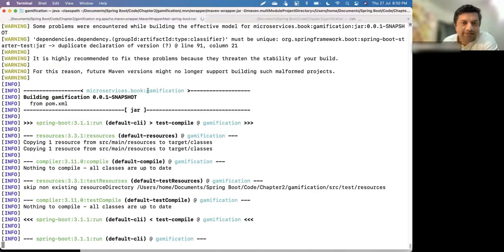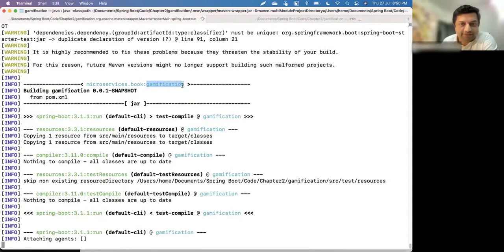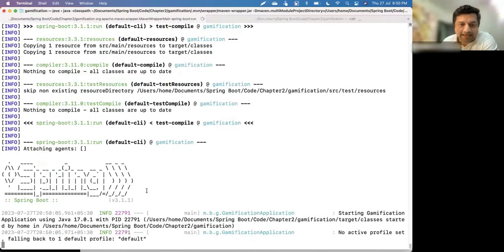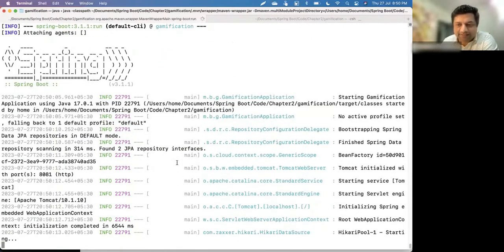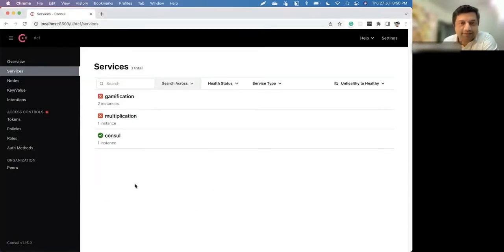So see, this service is called gamification service. And in this service, I have added the dependency for registering. So this is programmed so that whenever this service is up, it will register to the service registry, right? Here I have also implemented health check as well.